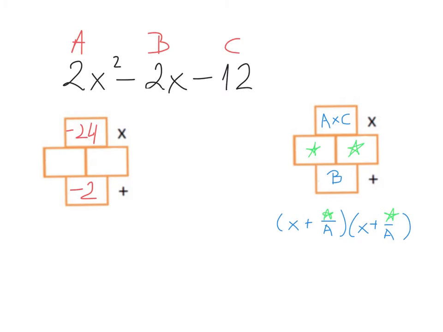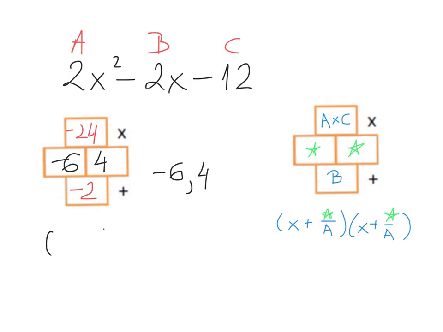In this case it's minus 6 and 4. One has to be positive, one negative if the answer is negative as a product. Then fill that in, minus 6 and 4.